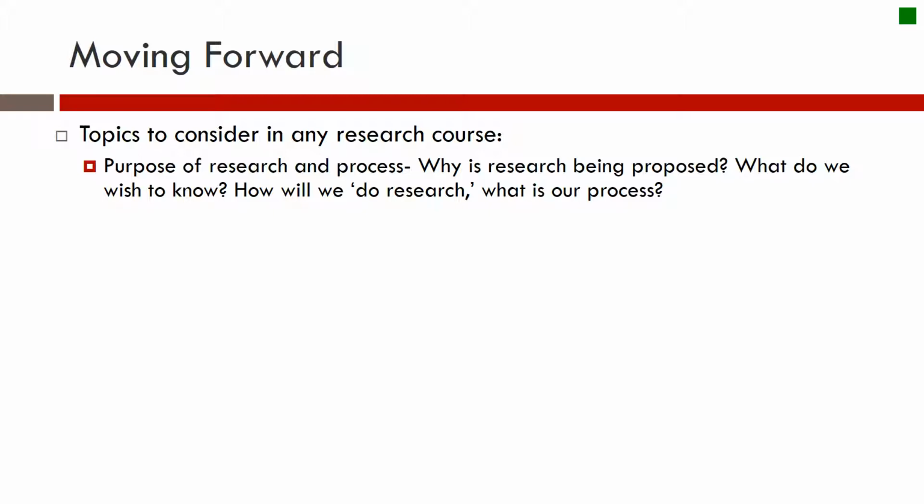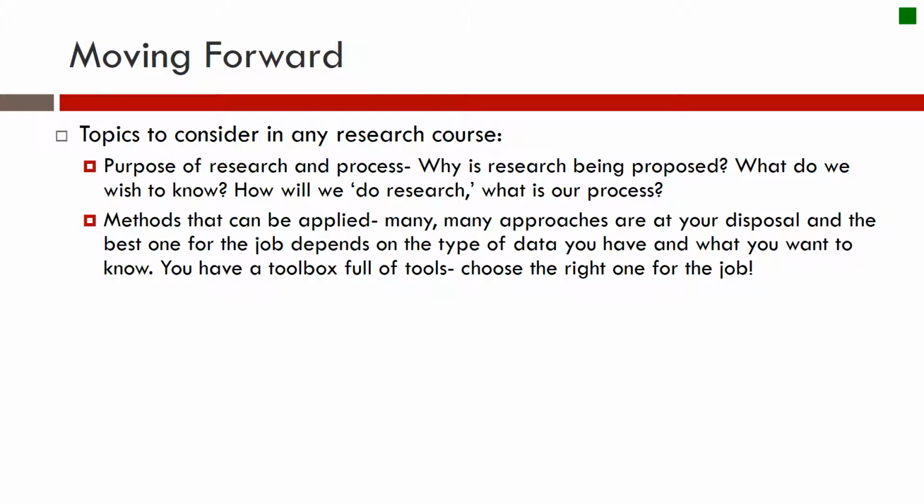So we want to know why the research was being proposed, what we want to know, how the research has been done and will be done moving forward, what our process will be, all in the context of doing research. And again, just because you simply have a data set, don't lose sight of the general purpose of why you're even analyzing the data.